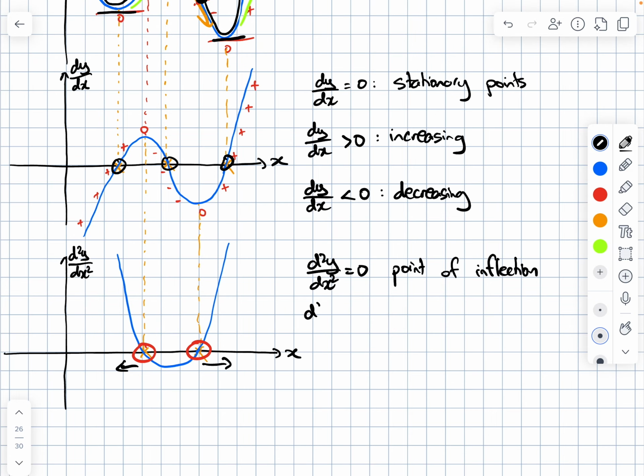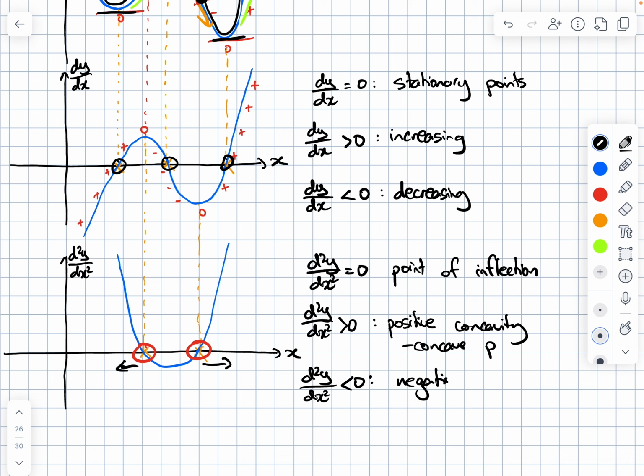So we're going to say d squared y over dx squared is greater than 0 when you have positive concavity, which is sometimes called concave up, and when the second derivative is less than 0, you have negative concavity.